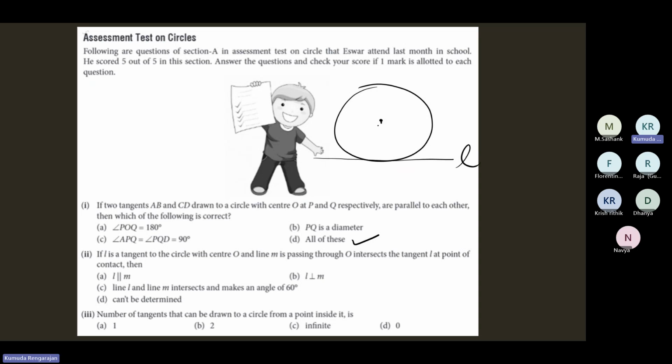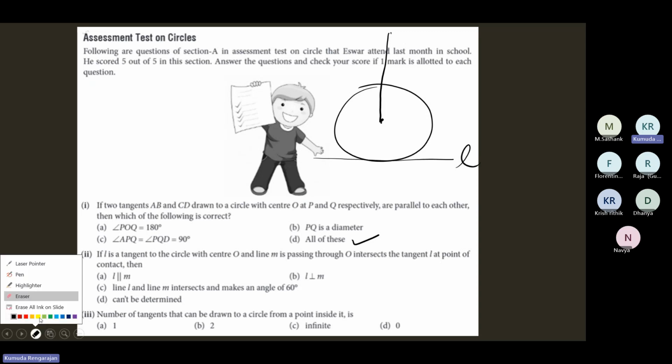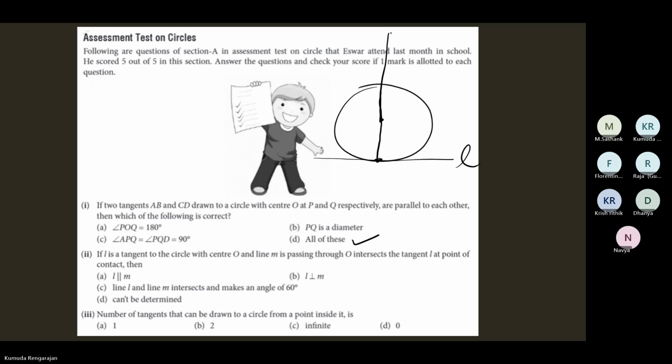So this line M passes through O, and it meets the tangent L at the point of contact. It not only passes through O, it also meets this line L at the point of contact.